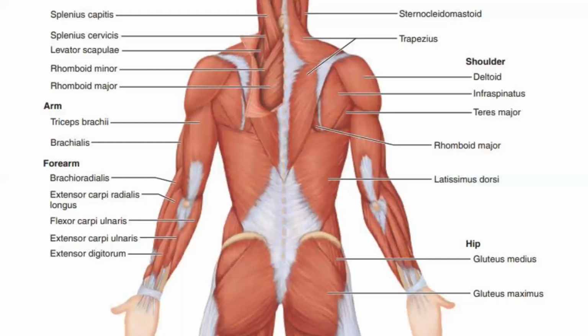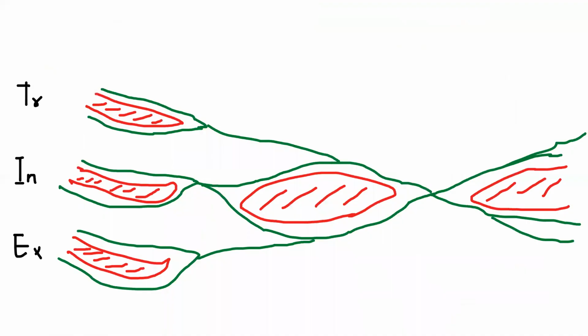Now let's go back to the anterior abdominal wall. So these are the three muscles of the anterior abdominal wall: external oblique, internal oblique, and transversus abdominis. These are the muscles, and these are the fascias, colored green, covering the muscles here. If you remember, the fascia covering the internal oblique will split into an anterior leaf and posterior leaf.